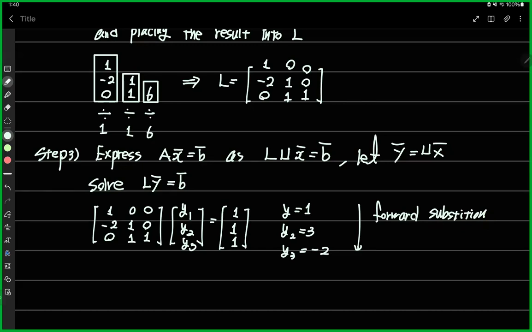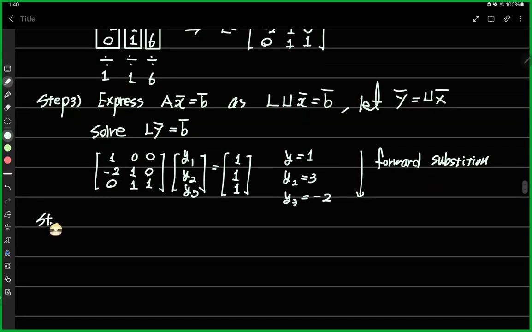Now in step 4, we solve the upper triangular matrix times x bar equals y bar. We got y bar in step 3, and we put this y bar into that equation and solve it.